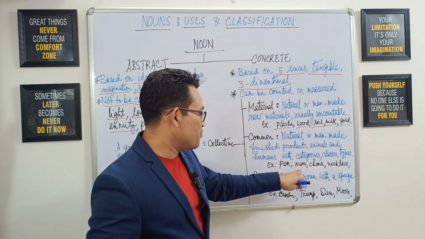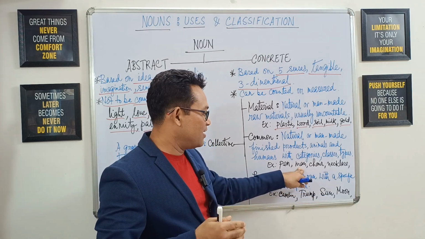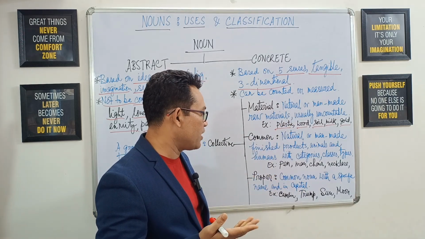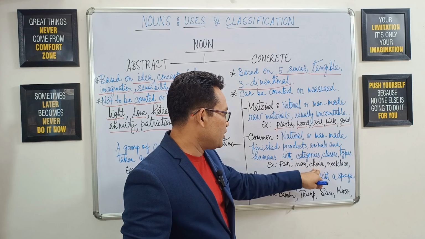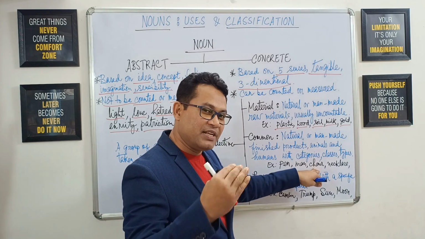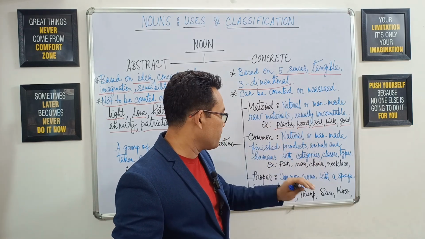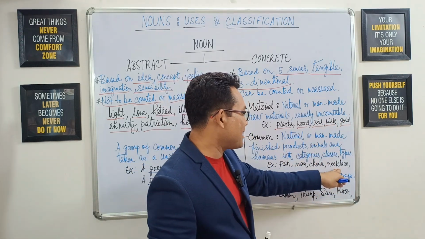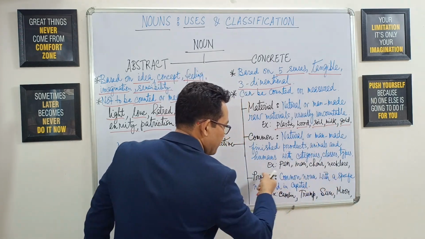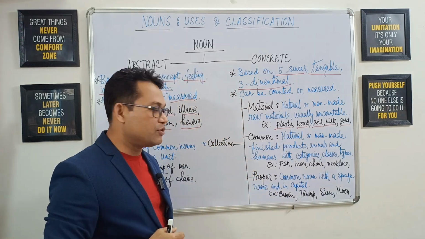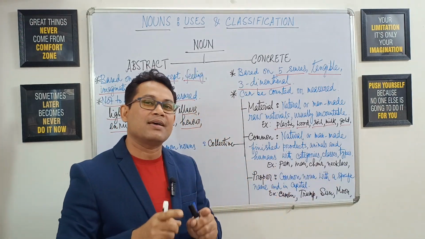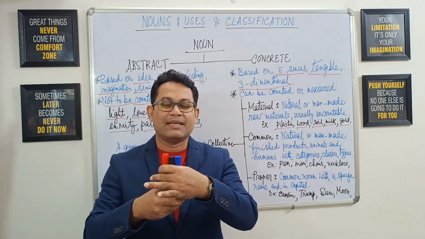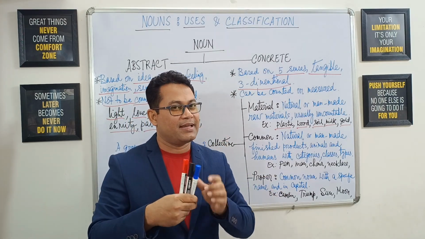So man is a finished product made out of clay or soil. Then chair is the finished product of wood. Gold's finished product is a necklace. All these examples of common nouns have their categories, classes or types. Pen has different types, three categories: blue, black, red.